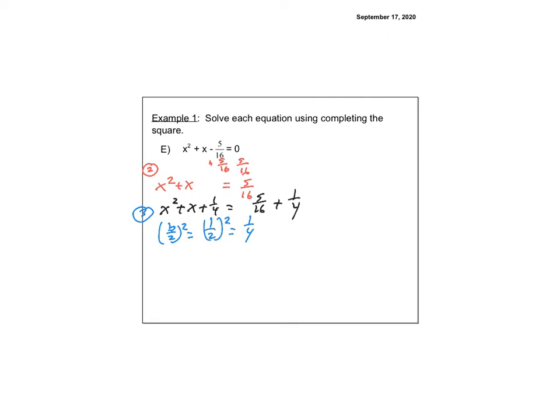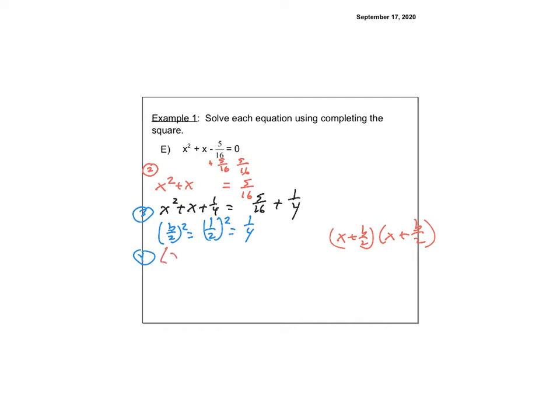And so now we're on to the fourth step, which is now we have to write it as a perfect square trinomial. So let's do that. In order to do that, remember this is the part where it's x plus b divided by 2 times x plus b divided by 2.